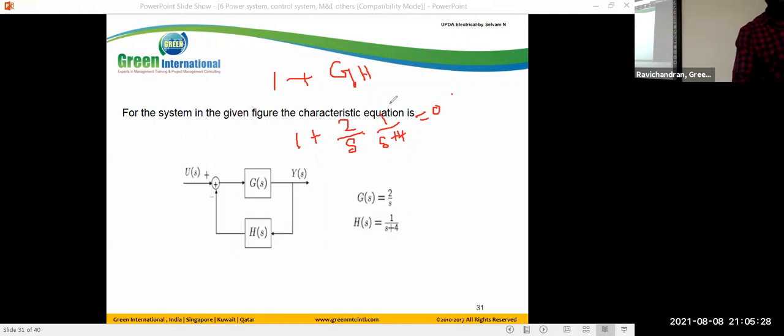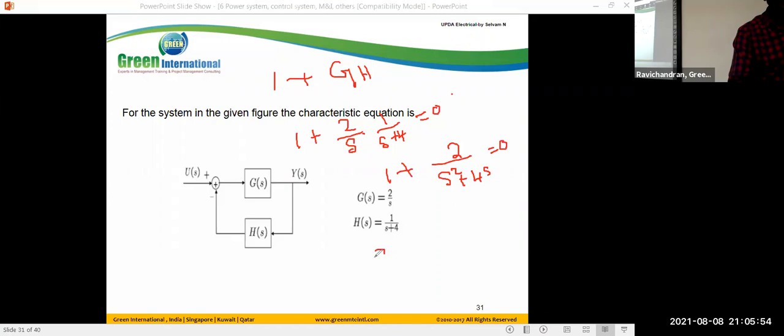That's all. Based on the options, you may derive the equation. Here I didn't give any options. Further we may simplify this equation: 1 plus 2 divided by (s square plus 4s) is equal to 0.